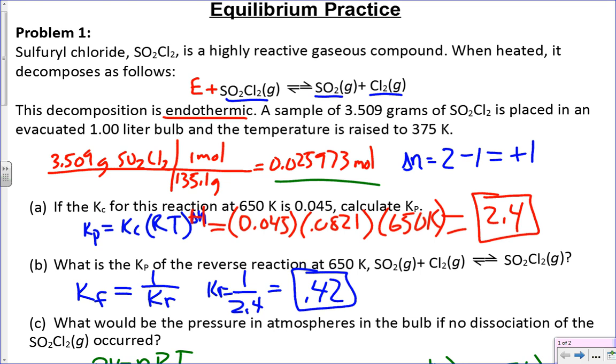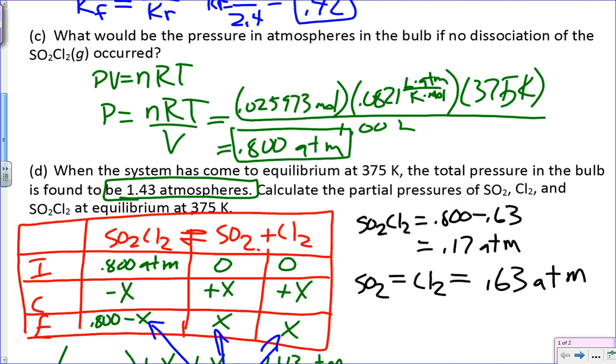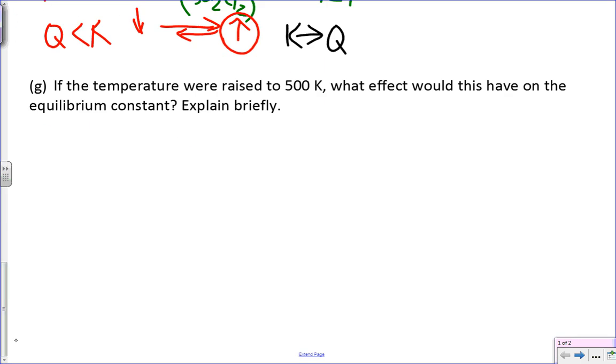So really what's going to happen here is the forward rate is going to increase faster than the reverse rate is going to increase. And we're going to be left with a situation where we're not at equilibrium when we increase the temperature. So what you need to understand here is that's going to favor the production of products. If you go back to our original K expression, remember it's products over reactants.